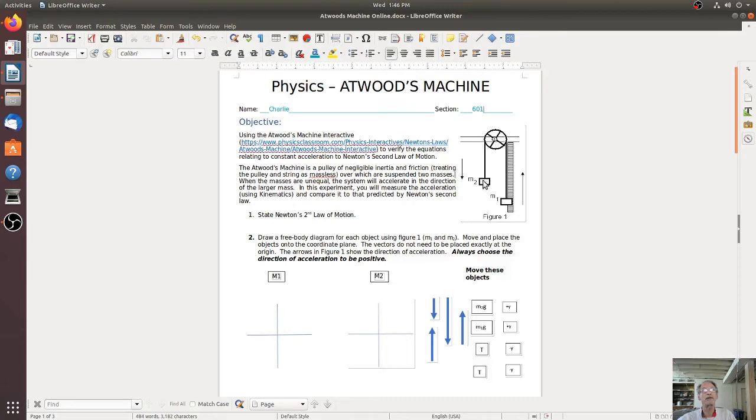So this heavier one is going to move down this way, and the lighter one's going to move up. And there's usually a ruler here to measure distances. And you measure how much time it takes for this to go a certain distance. And we're going to start with Newton's second law of motion. Oh, that's easy enough. F equals ma.